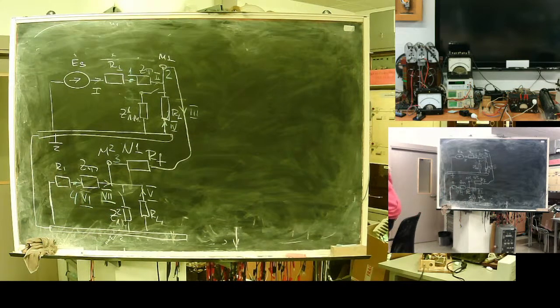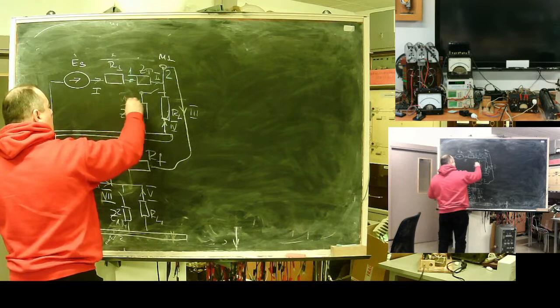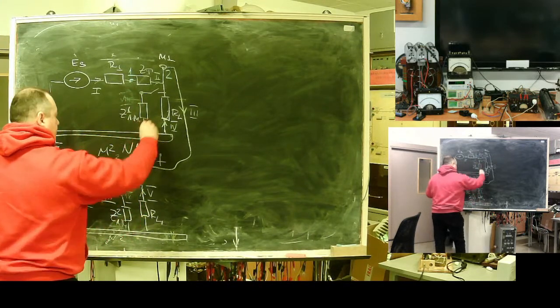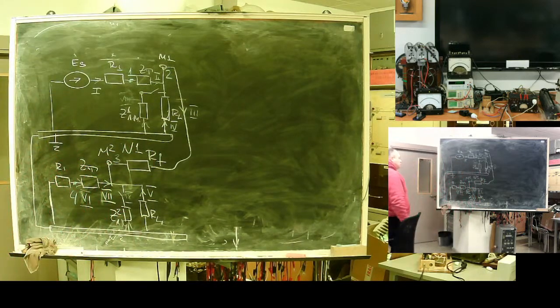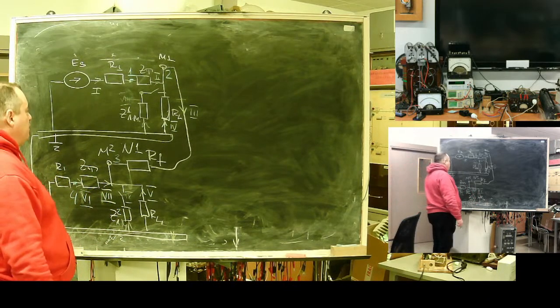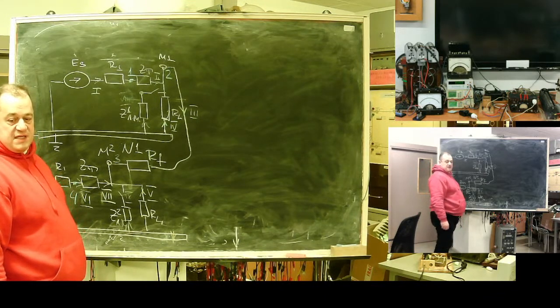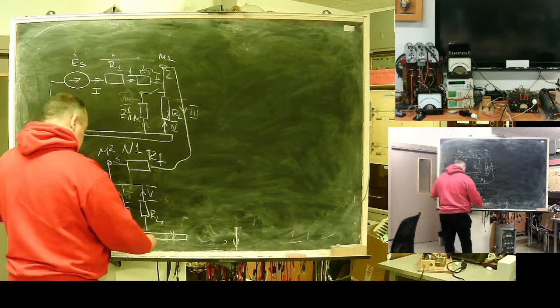I will add my machine later as branches 8 and 9. Or I can do it immediately. I will add this branch, but I will set the resistance to something very big.